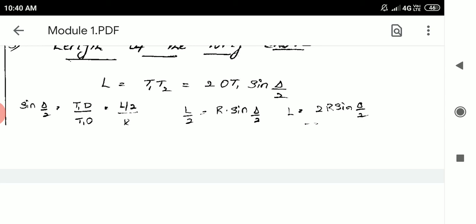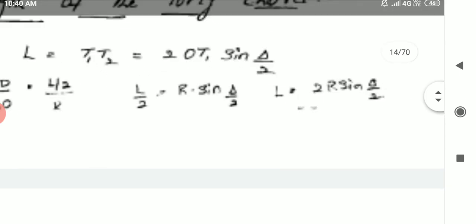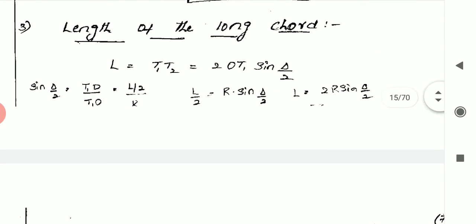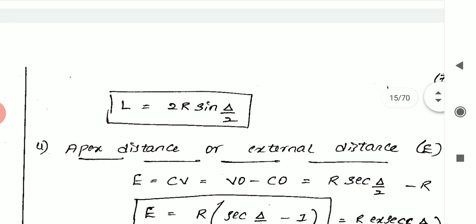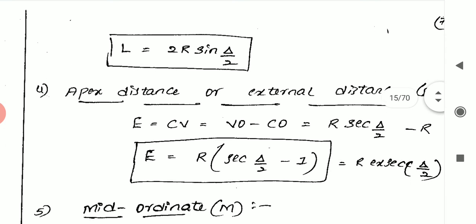Rearranging, L equals 2R sin delta by 2. So the length of the long chord formula is 2R sin delta by 2.